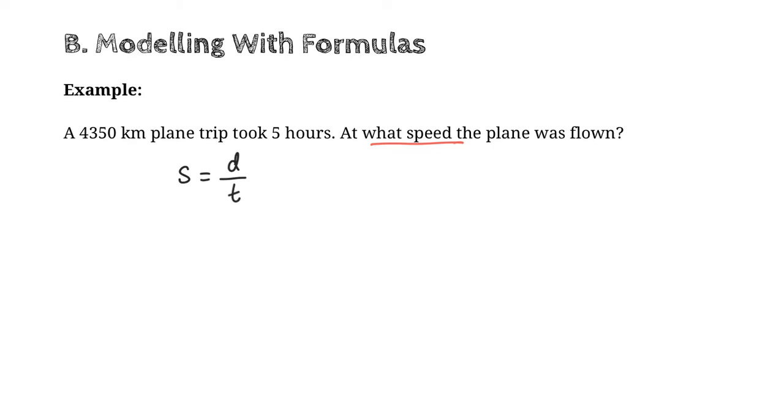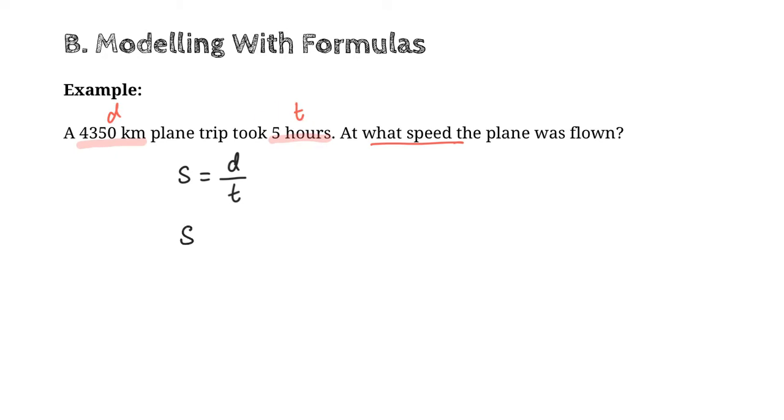And in this question, are we given the distance? Well, yes, we are. We're definitely given the distance, and the distance is 4,350 kilometers. This is d. And we're also given time. Time is 5 hours.